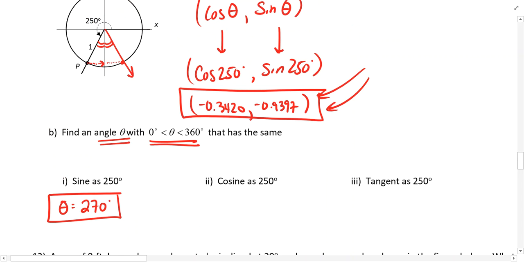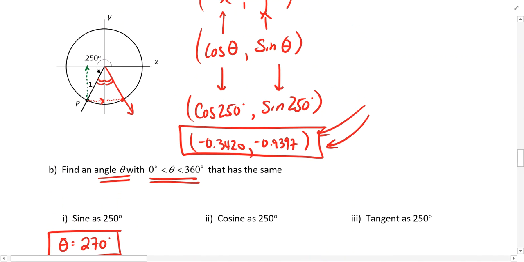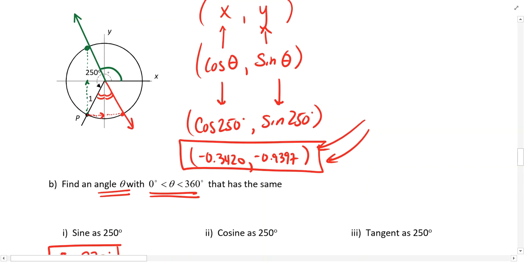For cosine, we have a similar approach. The x coordinate was negative 0.3, and so an object or an angle measure that has the same x-coordinate would have landed up here on our unit circle in this position. So the angle measure here relative to the positive x-axis would also have the same cosine as 250 degrees.